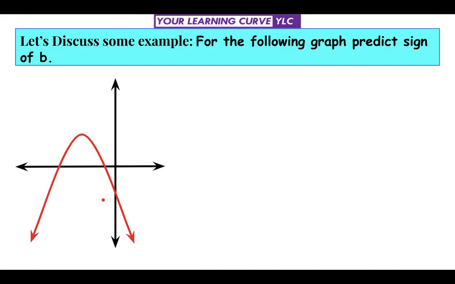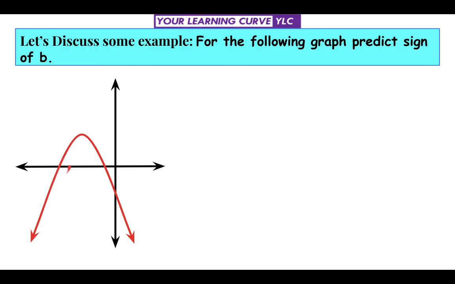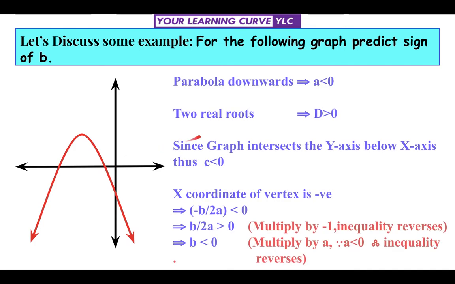The equation is the general equation, y is equal to ax square plus bx plus c. So we observe that the parabola is opening downwards, means what? A is negative. The graph cuts the x-axis at two distinct points. Interpretation, discriminant is positive. So let's see, parabola downwards, A negative, two real roots, discriminant positive.